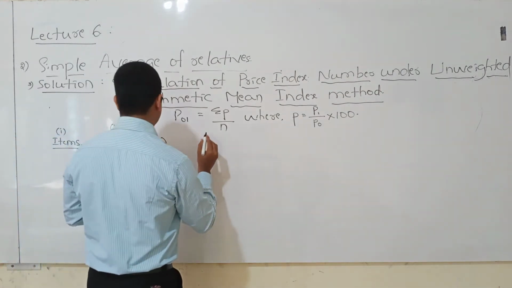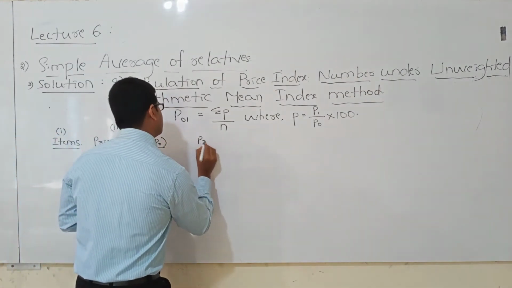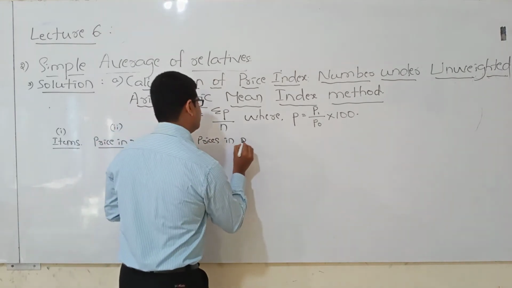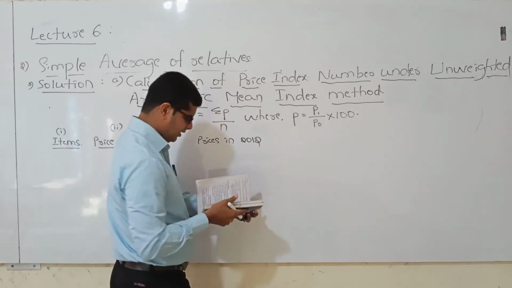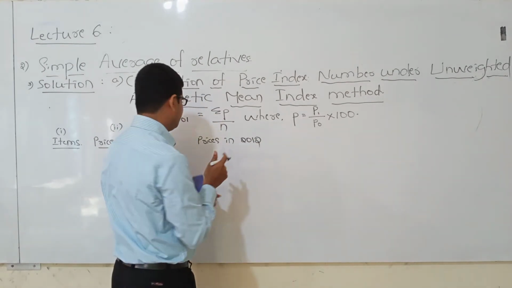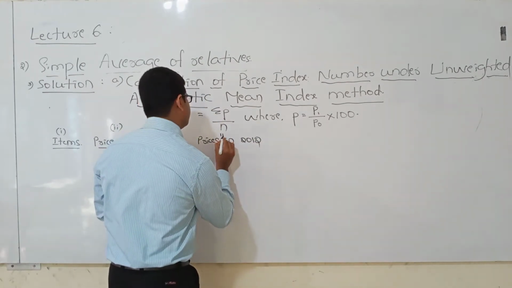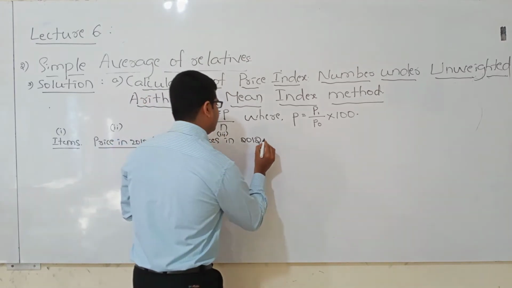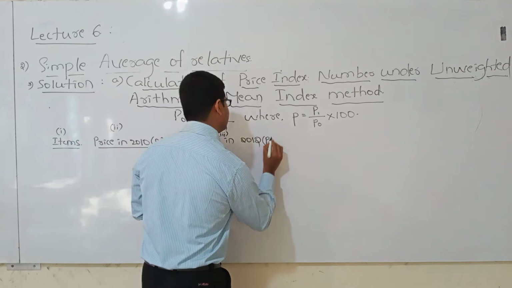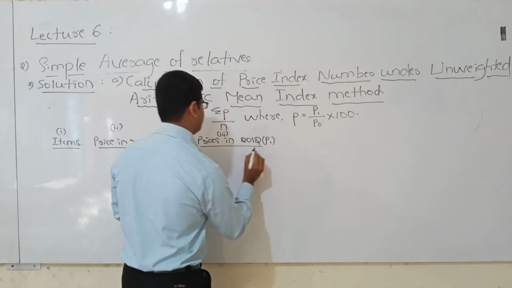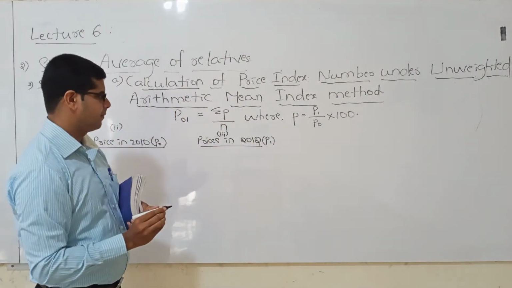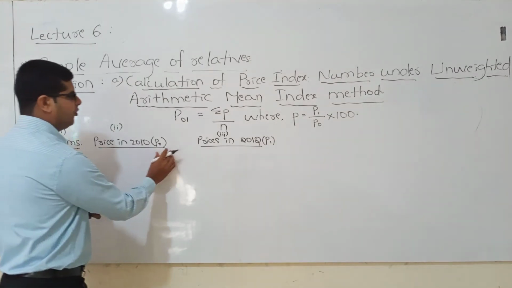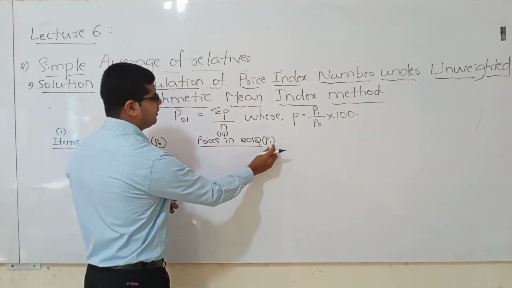Column number 3 we have prices in 2012, and this is the current year. We take it as P1. So items, prices in 2010, P0, prices in 2012, P1.